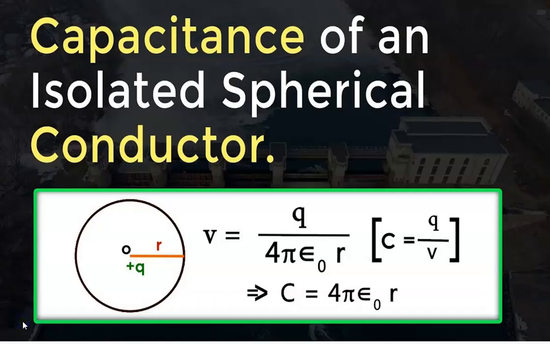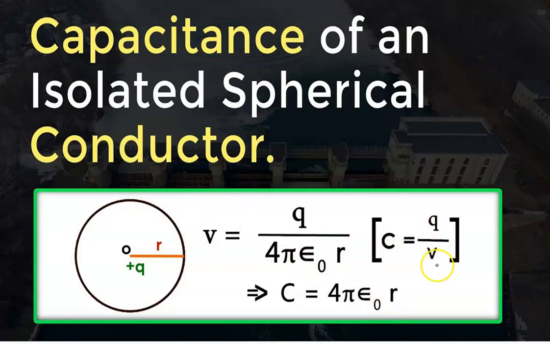Now the next type of capacitors is the spherical capacitor, and the capacitance of an isolated spherical conductor is C equals 4 pi epsilon naught R. How can we find this? Simple, as capacitance is given as Q upon V. We know this formula.